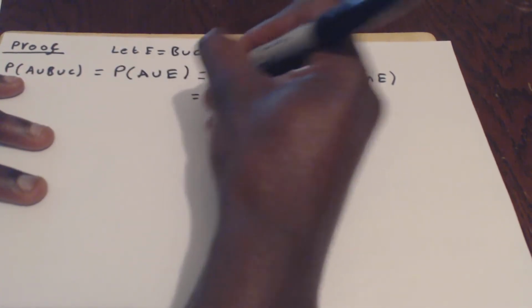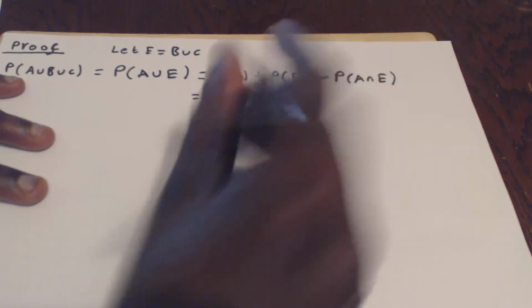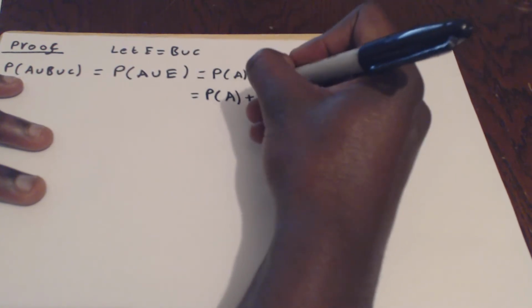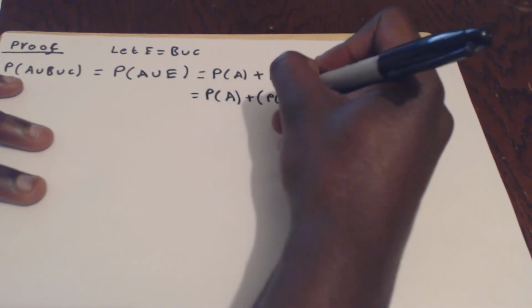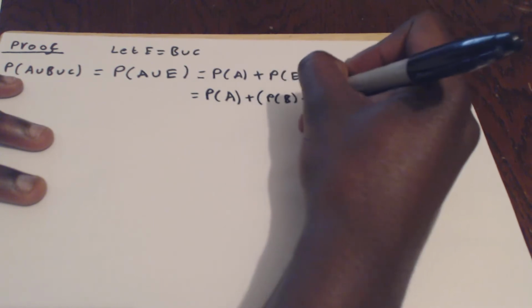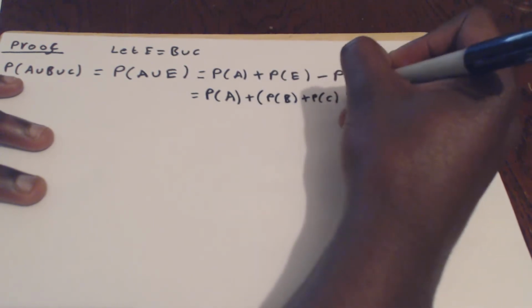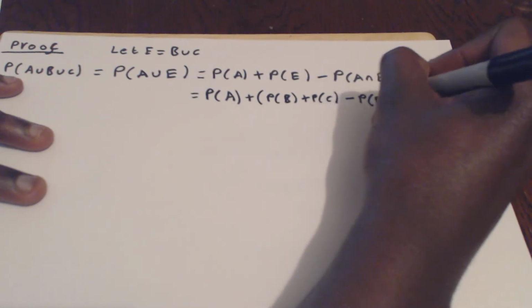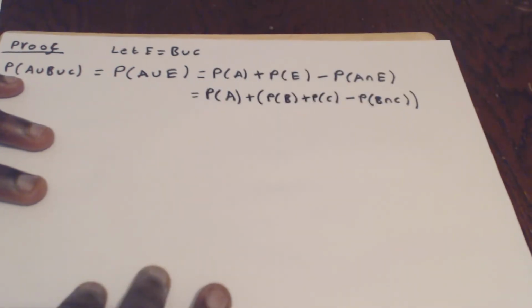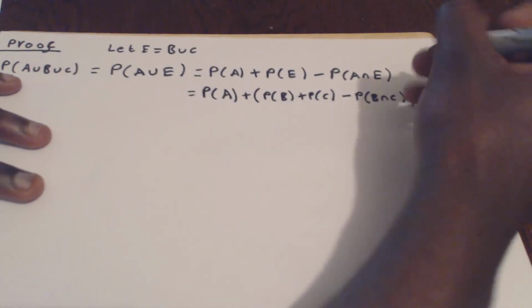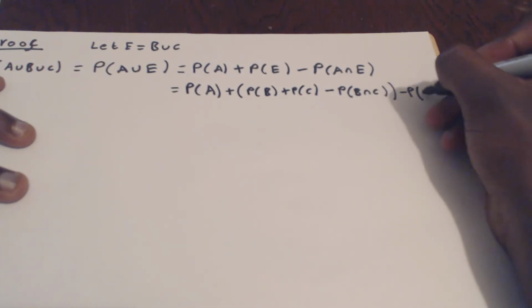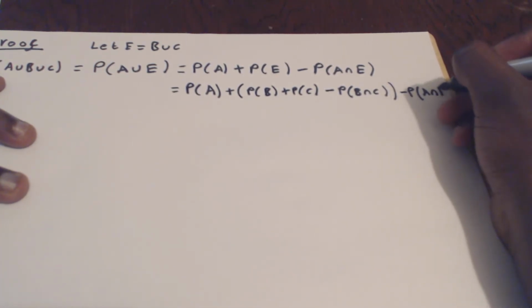So we still have the probability of A, which remains the same from above, and then the probability of B plus the probability of C minus the probability of B intersection C, and along with that, minus the probability of A intersection E.